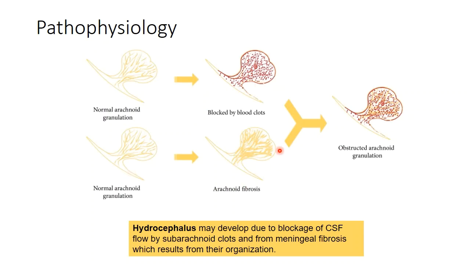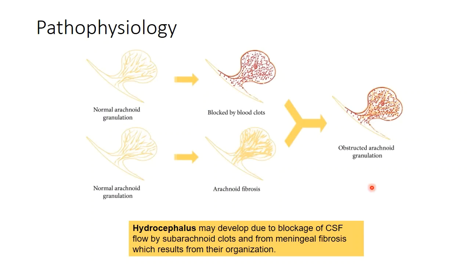Now, there may be some degree of arachnoidal fibrosis or meningeal fibrosis that is also seen, because when this thrombus characteristically organizes, it results in fibrosis. Both of these result in the characteristic obstruction of the arachnoidal granulations.